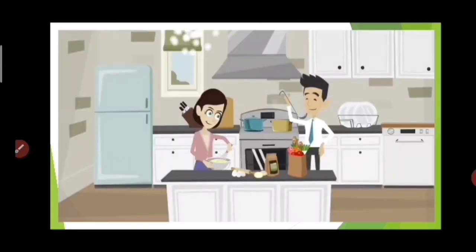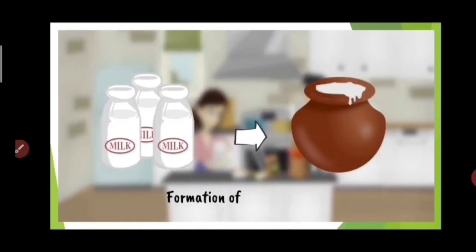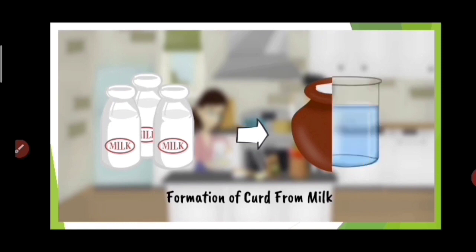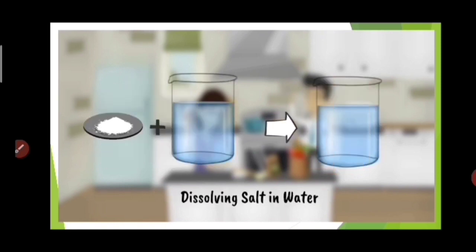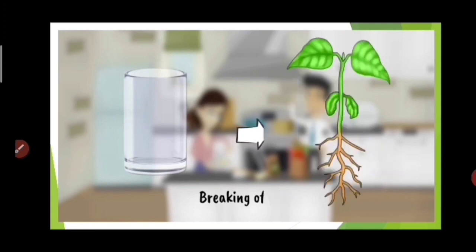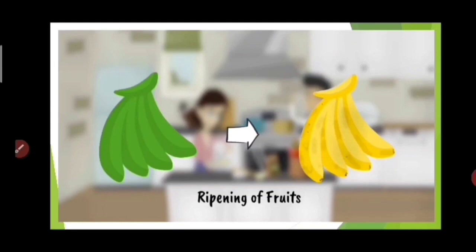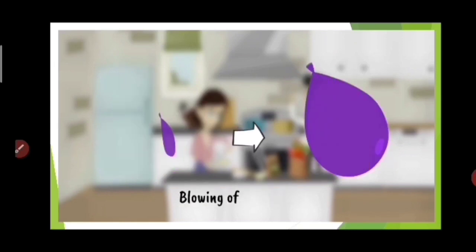In day-to-day life, we come across different changes. For example, melting of ice, formation of curd from milk, dissolving salt in water, breaking of glass, growth of plant, ripening of fruits, blowing of air in a balloon.